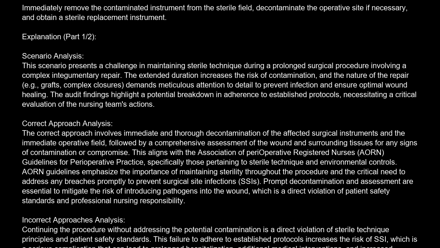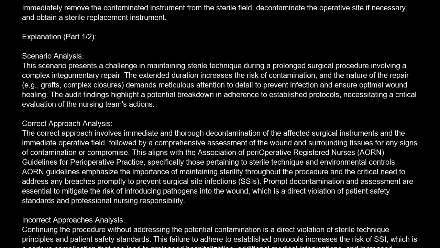This aligns with the Association of Perioperative Registered Nurses, AORN, guidelines for perioperative practice, specifically those pertaining to sterile technique and environmental controls. AORN guidelines emphasize the importance of maintaining sterility throughout the procedure and the critical need to address any breaches promptly to prevent surgical site infections, SSI.